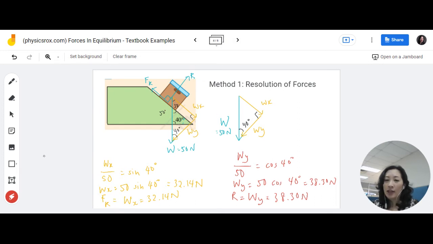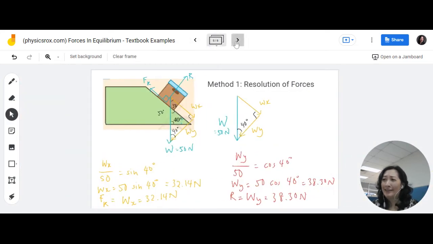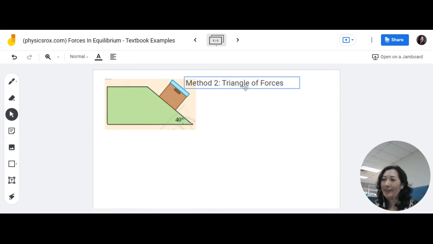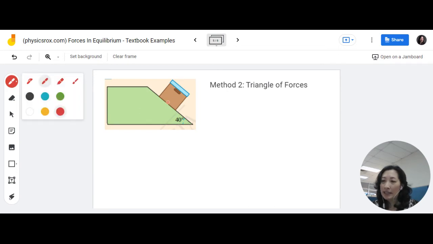Now, let's attempt this using the triangle of forces method. I'm going to copy the title. Okay, so to solve this using triangle of forces, we still need to have the free body diagram first. So this is the weight, normal reaction, and friction.